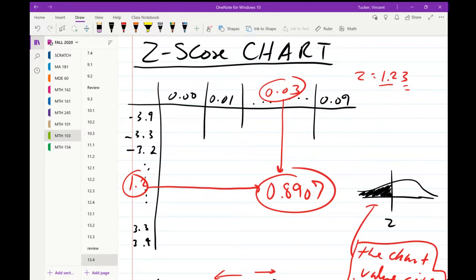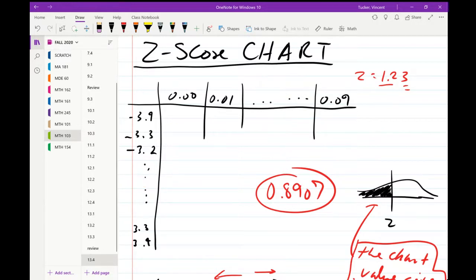The one that I'll show you is set up this way. It starts at negative 3.4 and ends at positive 3.4 on the left column. On the top row, it goes from 0.00 to 0.09. So the way you'll do this is, let's say you have this z-score right here of 1.23.